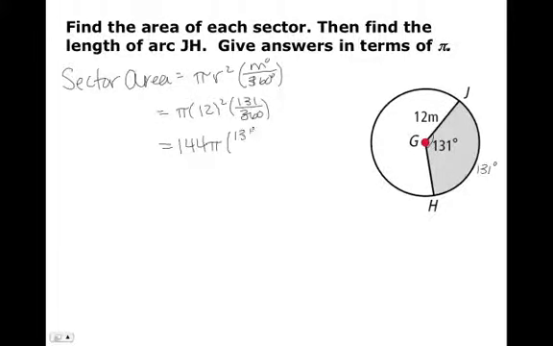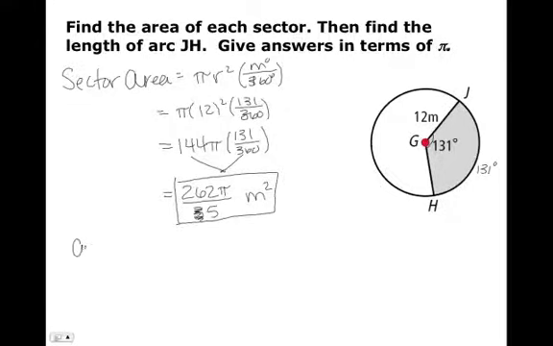I'm going to leave 131 over 360 because we're leaving our answer in terms of pi, so we want that exact answer. So all we have left to do is to multiply 144 and the fraction, and we get 262 pi over 5. And our units would be meters squared, since we are still with area, the units are still squared.